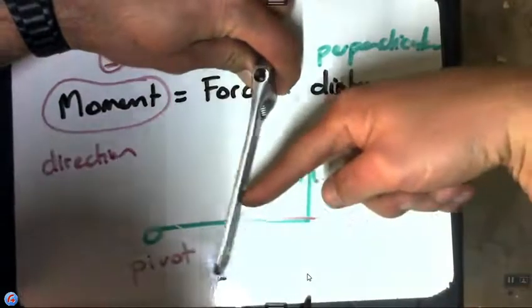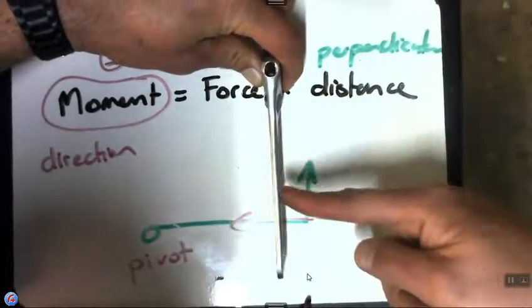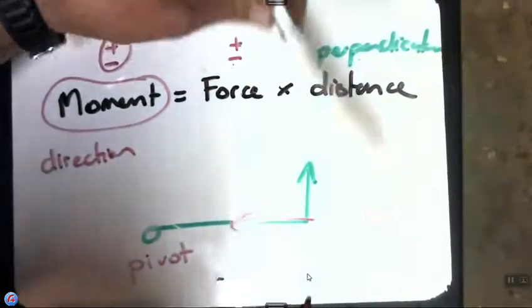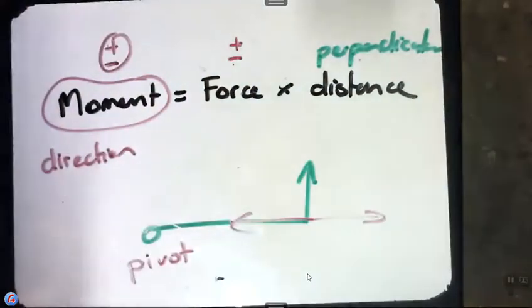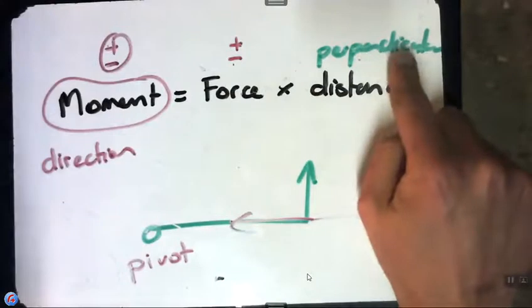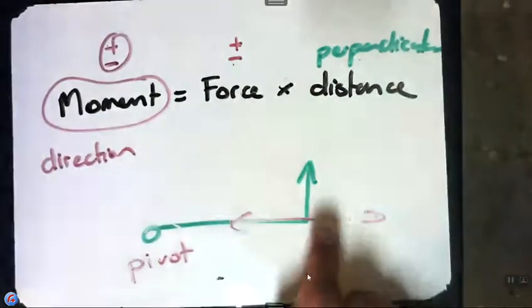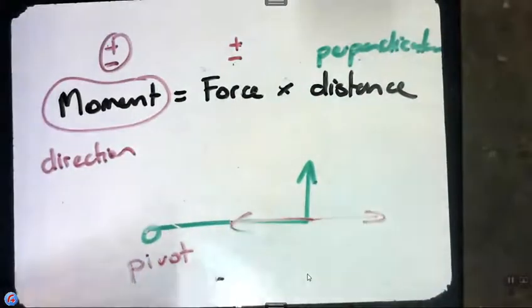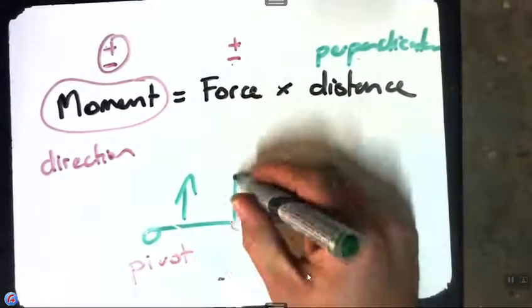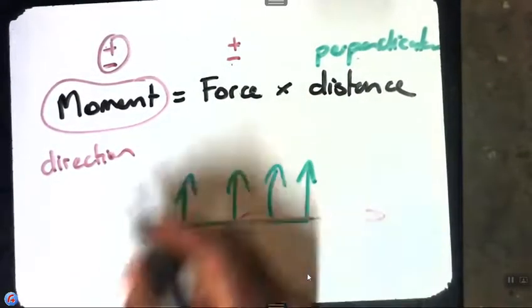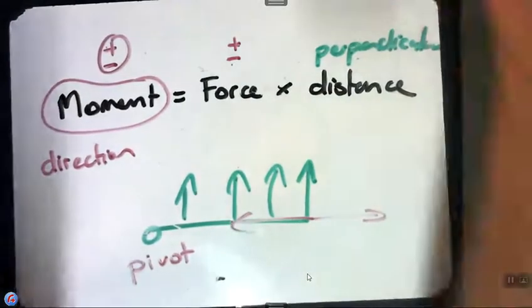Now if I push like this, I might have an effect, but if I push like that, the effect would be much bigger. So it's the perpendicular distance times the force. The further I move my force away, the bigger the turning effect would be.